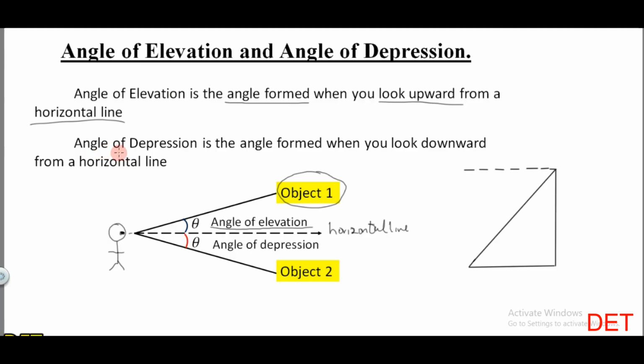Then angle of depression is the angle formed when you look downward from a horizontal line. So if this person looks down from the horizontal line, the angle that is formed is called the angle of depression. For the person to see this second object, he has to look away from this horizontal line and look downward.